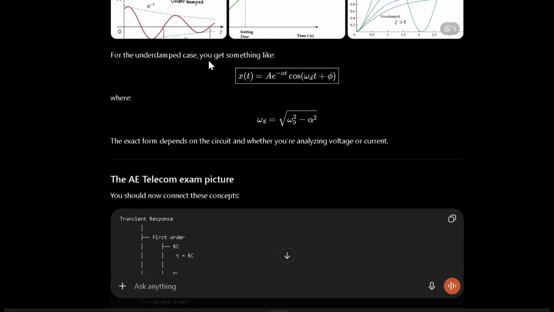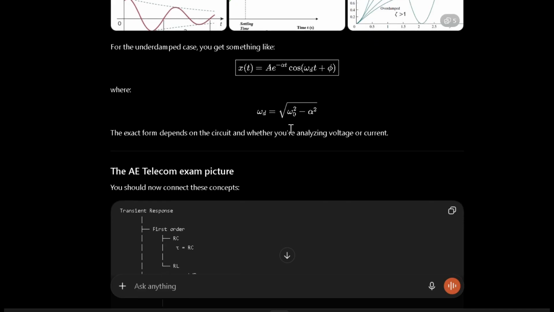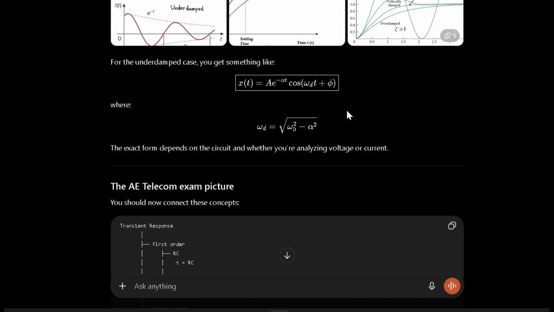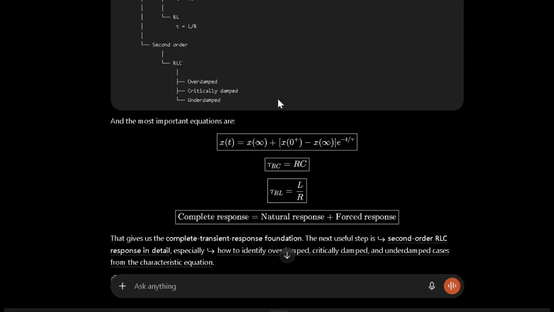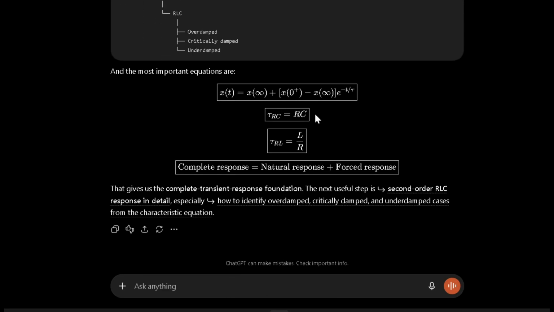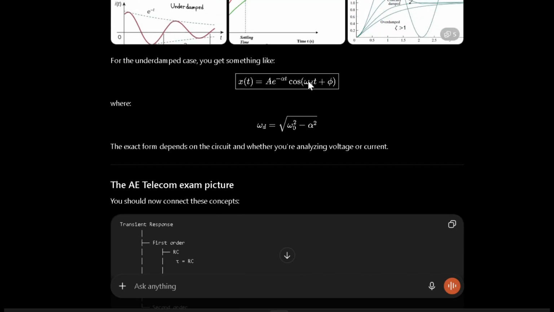For the underdamped case, you get something like x of t equals A e power minus alpha t cos(omega d t plus phi), where omega d equals root over omega naught square minus alpha square. So the exact form depends on the circuit and whether you are analyzing voltage or current. These equations are important.